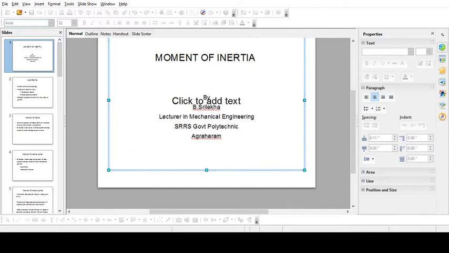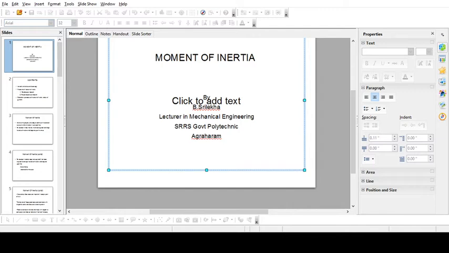And in today's class, we are going to discuss something regarding the moment of inertia of various standard sections, right? So let us start, and today's contents are moment of inertia and its concept.